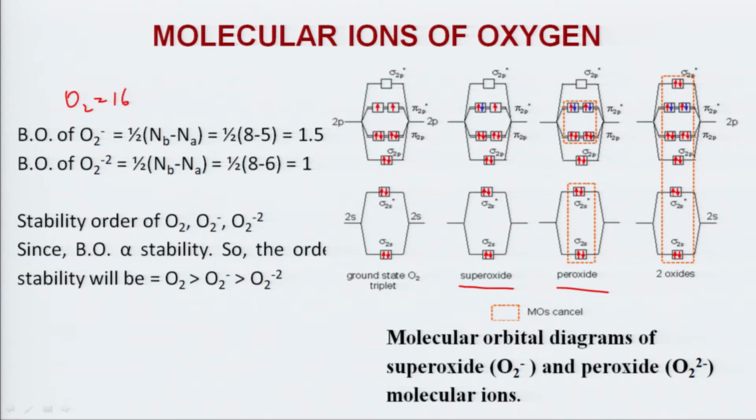The normal oxygen molecule had 16 electrons in it. Now, when we have O2 minus, the total number of electrons is 17. So, the extra 17th electron, which you can see in blue, is present over here.